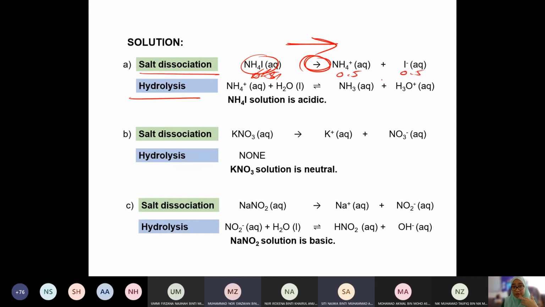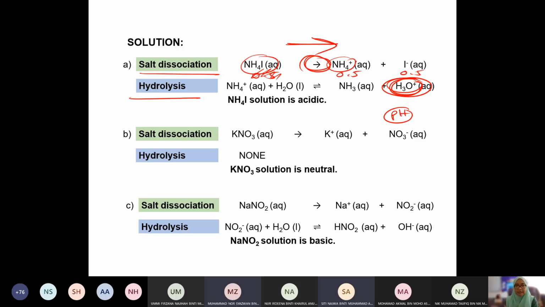Later this one will be used to react with water and produce H3O+. At the end of the day, what we want is to calculate the pH, so we need the concentration of H3O+. But as you can see, this involves a reversible reaction, so you have to go through ICE or use the simplifying method. Because we want to determine this H3O+, and this is not strong, it is not completely dissociated in water.